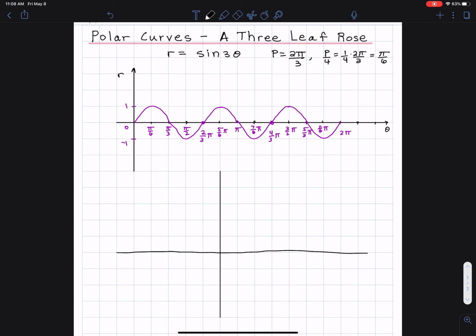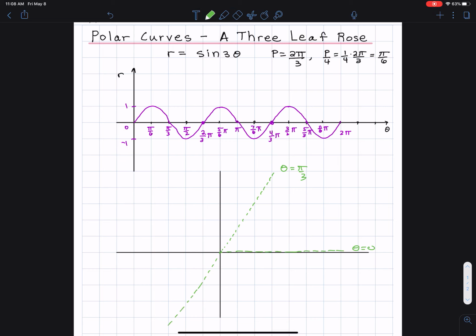Okay. Now, I am going to make dotted lines where r is 0, which are the intercepts along the horizontal. So r is 0 at theta 0, r 0. At pi over 3, this is going to be roughly done because the graph paper doesn't allow me to get this exactly right. So I'm going to think it's around like that. And actually, it ends up going to the other side.